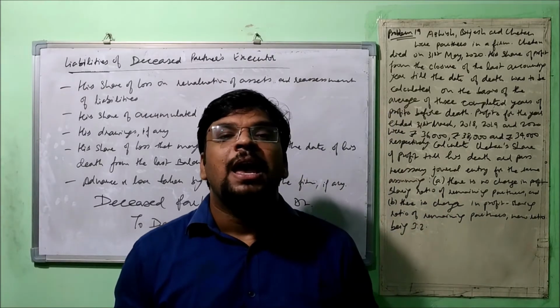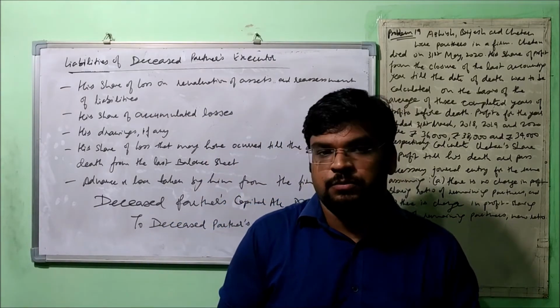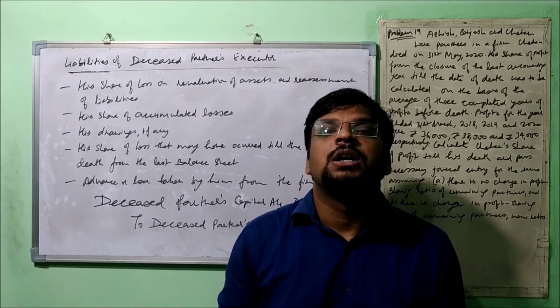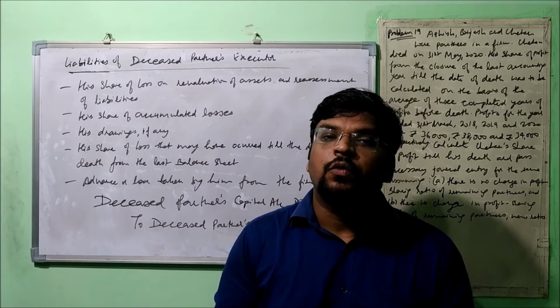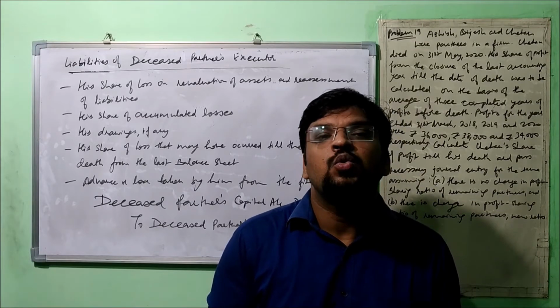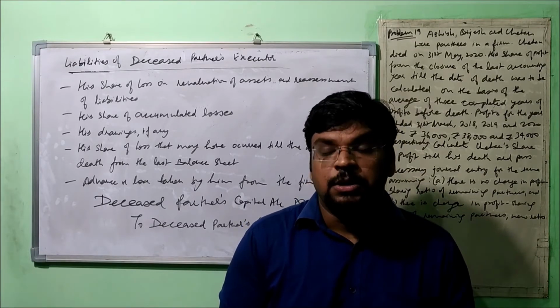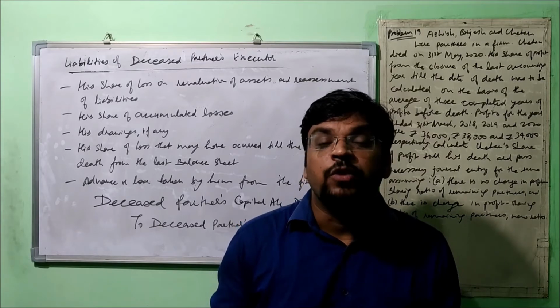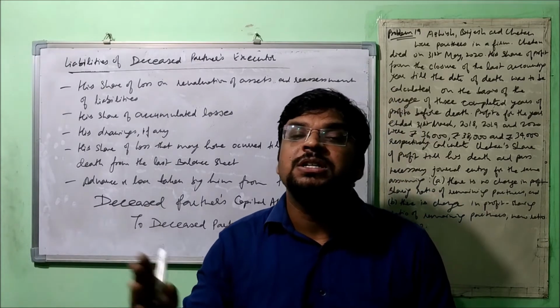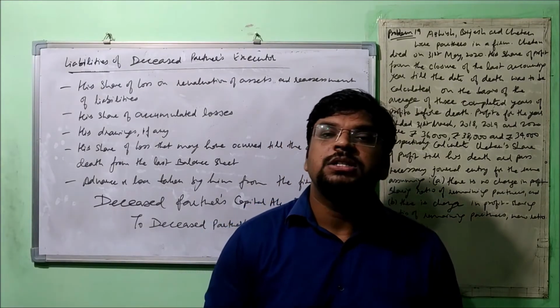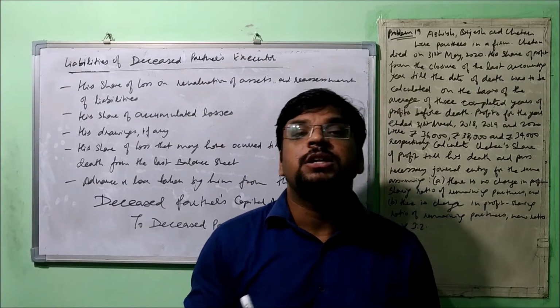So for that, estimated profit is taken as agreed by all the continuing partners. For that estimate, there are two kinds of methods, meaning two ways on what basis the estimation should be taken. One is the time basis and another is the turnover basis.